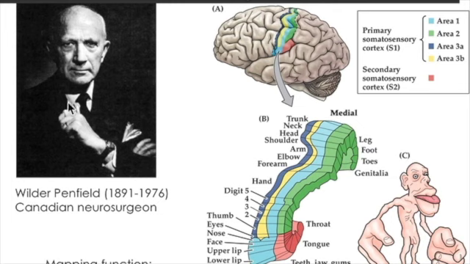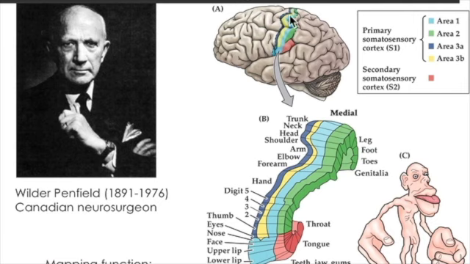Wilder Penfield started to do this very systematic work of mapping individual pieces of cortex in the brain to function. He did so by taking electrical recordings of human patients during open brain surgery. When they were undergoing surgery, he would put an electrode on the somatosensory cortex, which is immediately behind the central sulcus of the brain.